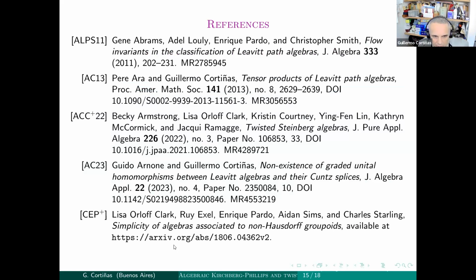Okay, so here are the references. The ACC+22 is this paper by Armstrong, Clark, Kearney, Lin, McCormick, and Ramage. This CEP paper is, I think, a very important paper by Clark, Exel, Pardo, Simpson, Starling, which solves the problem of simplicity for algebras associated to non-Hausdorff groupoids.